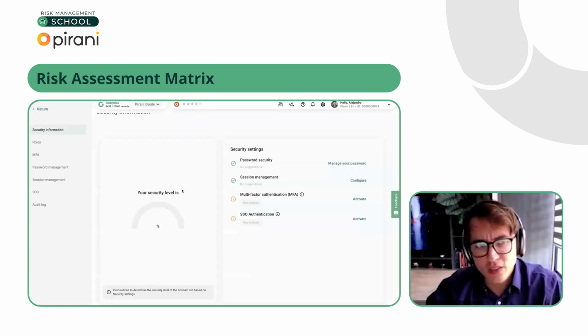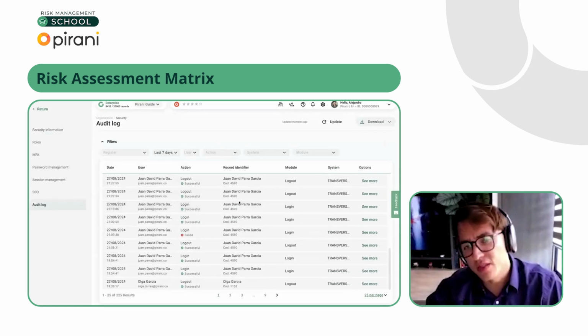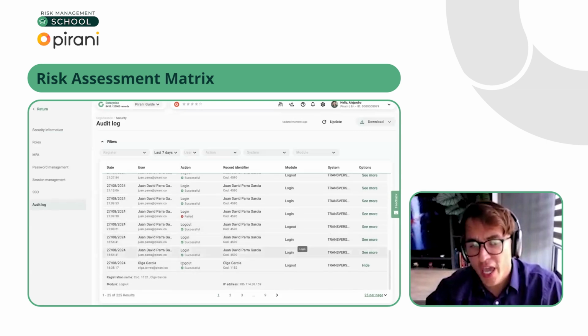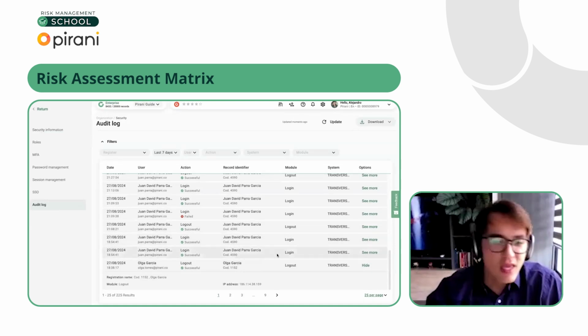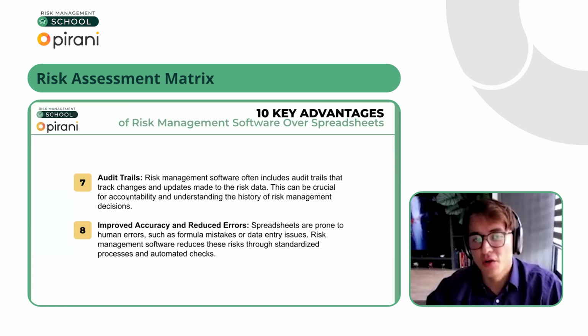You have security information, you can track everything that every user in the software is doing. What was the change? What was the IP address? Did he log in or not? And this is very important for audit trail. So they often include features that track changes and updates in risk data.